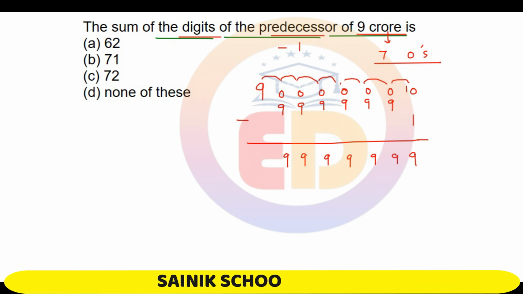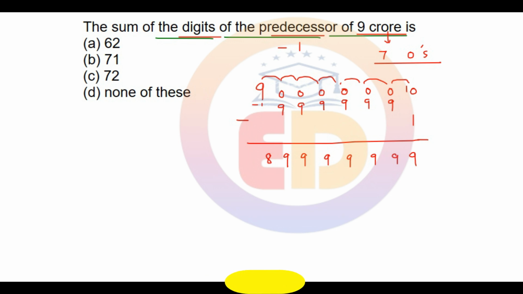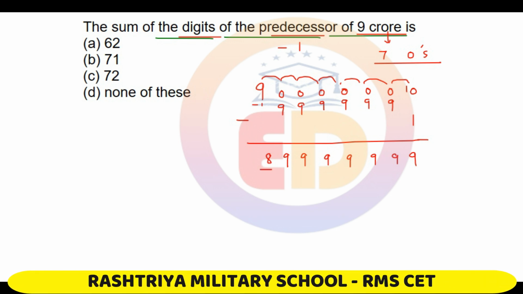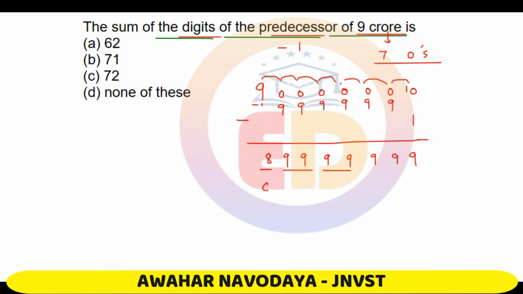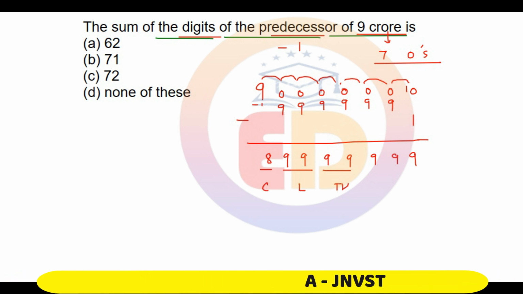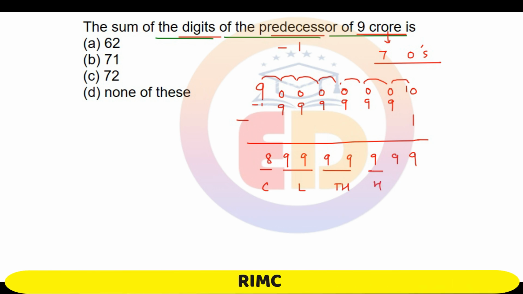And this 9 will be subtracted by 1, so this will be 8. And now my number is 8 crore 99 lakh 99,999. The question is asking the sum of digits.